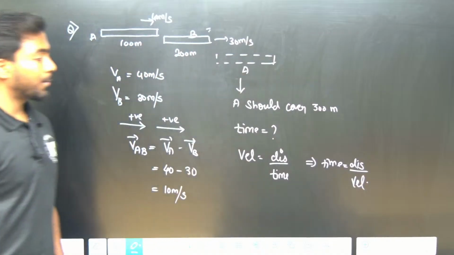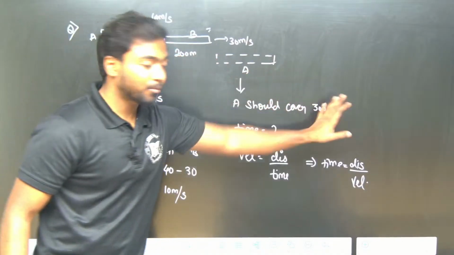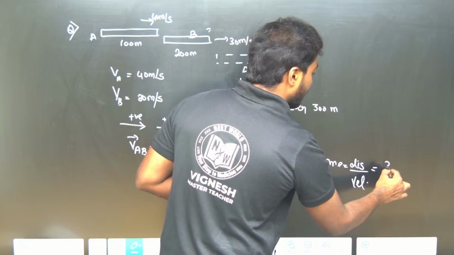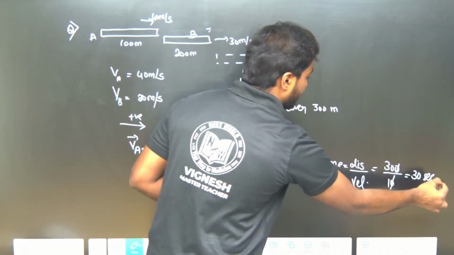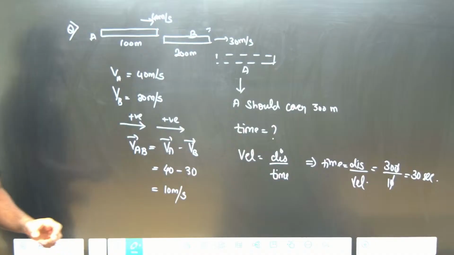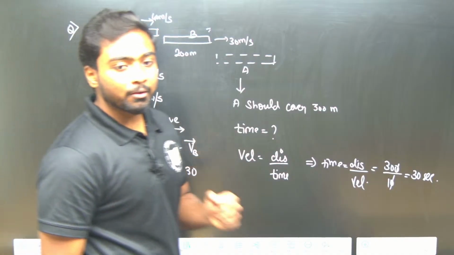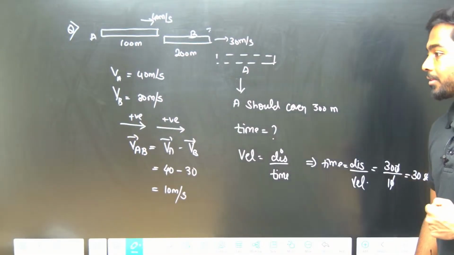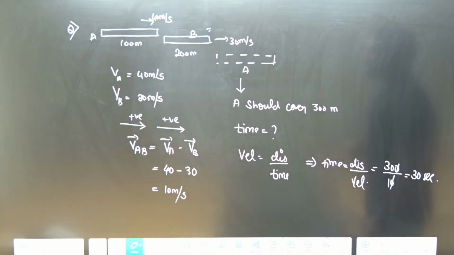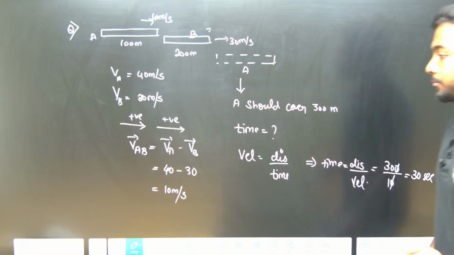What is the displacement? 300 meter, divided by the velocity, 10. So the answer will be 30 seconds. This is how you solve the question when it is given in relative motion. Fine, you can take a note of this.